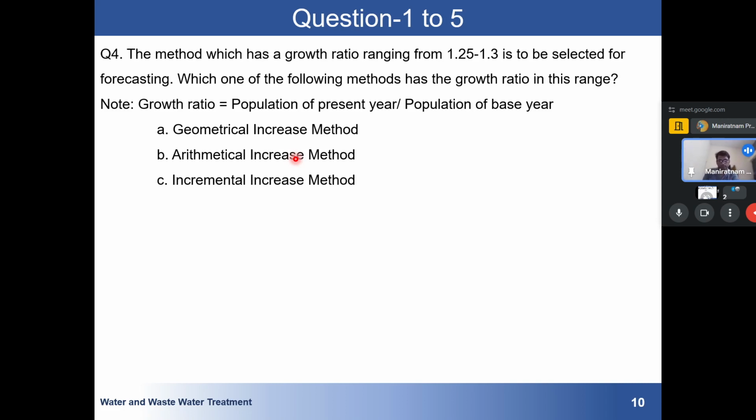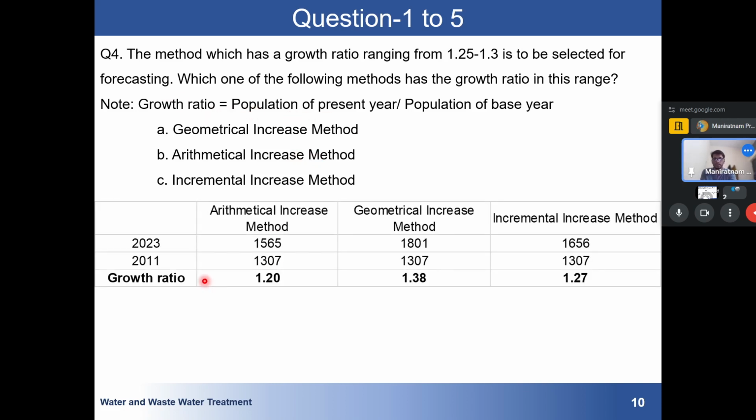When you are designing, it is written that you have to take this much ratio. So depending upon your calculation, you will find the growth ratio. See, in 2023 the ratio in the different methods we got this, and in 2021 the population was the same for all three cases, that is 1307, 1307, 1307.